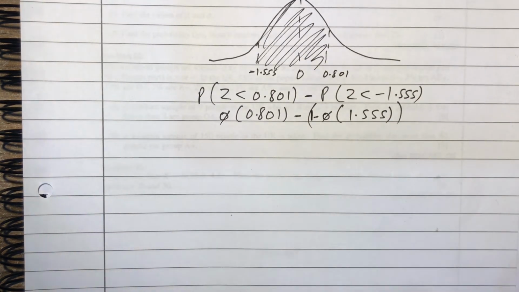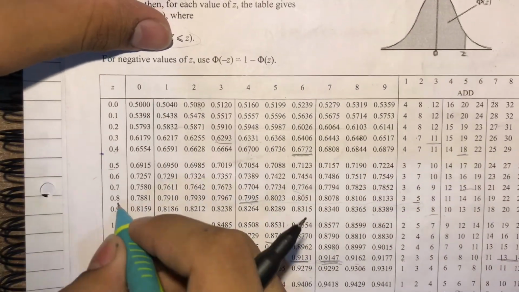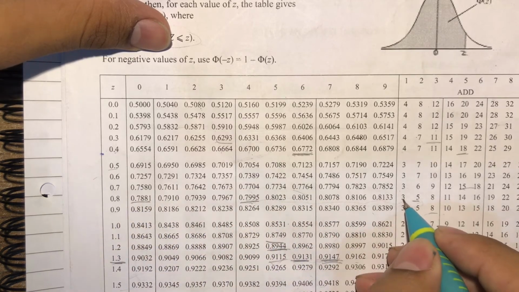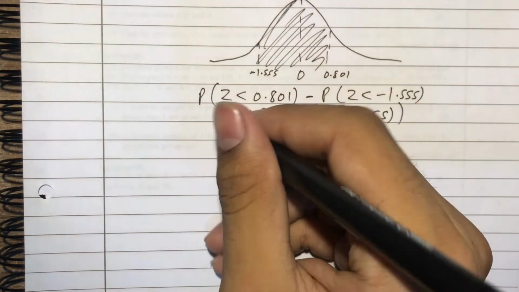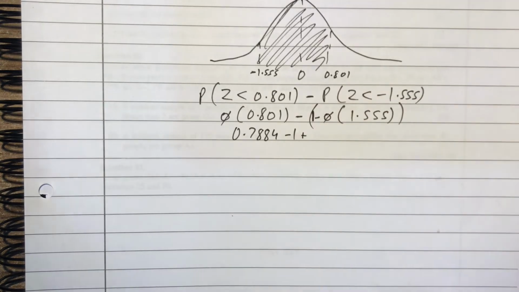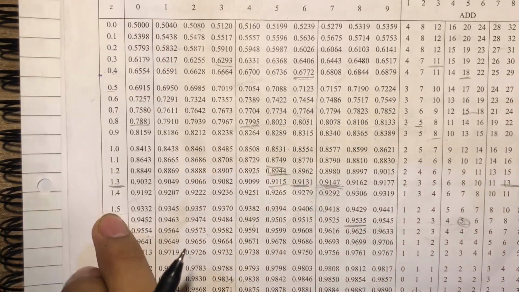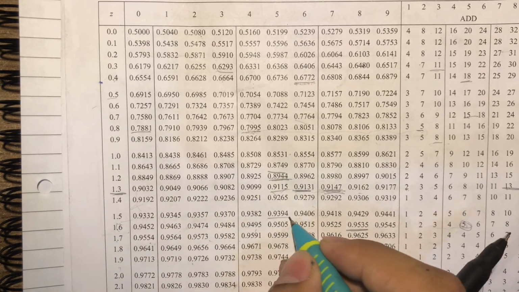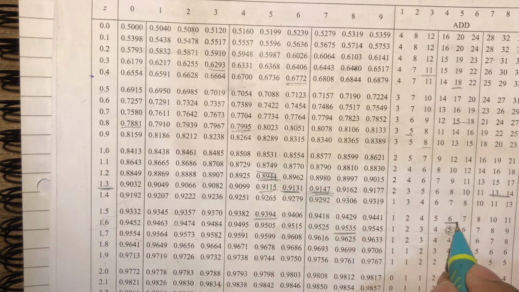So phi of 0.801, 0.7881, and then we have to add 3, so 0.7884. Phi of 1.555. So 1.5, then there is 1.55 and then another 5, so add 5, that is 6.